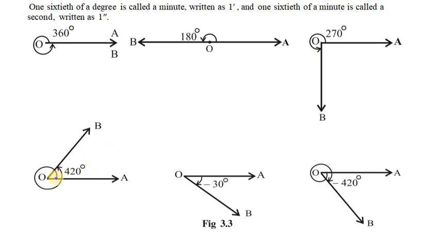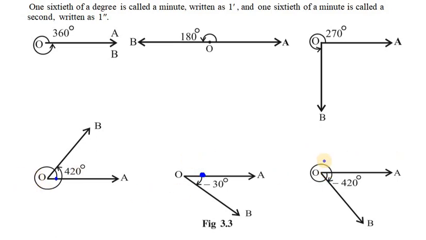Now starting from 0 and ending at 360, then 60 more makes 420 degrees. In the next one you can see it starts from 0, but the direction is clockwise. If the direction is clockwise, the angle needs to be negative. So in this case it is minus 30. Now the next is minus 420.